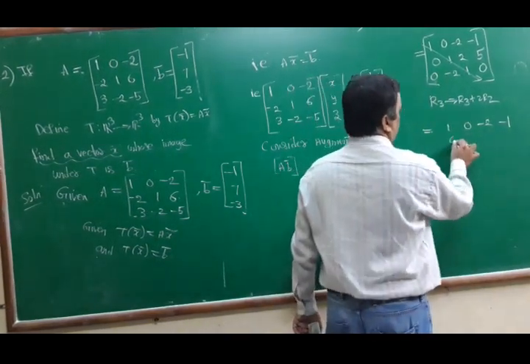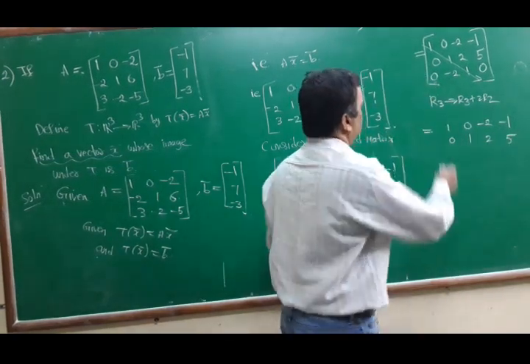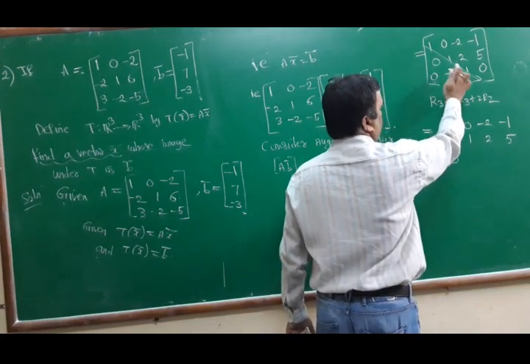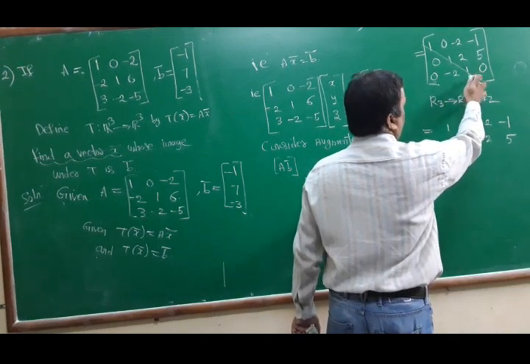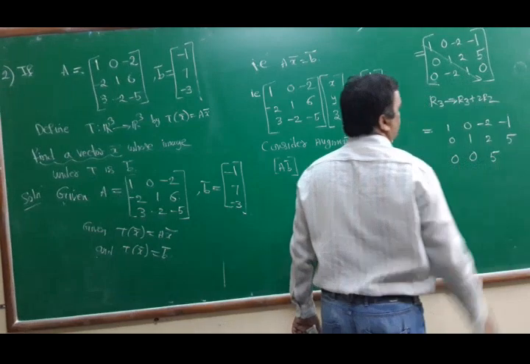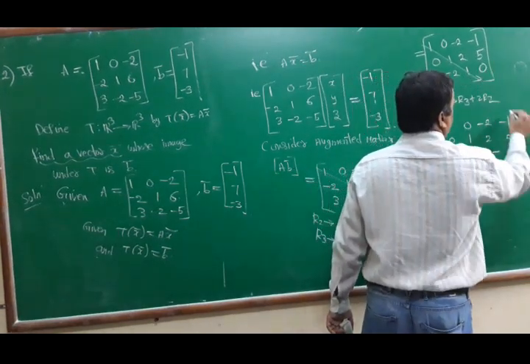Second row as it is: 0 1 2 5. Then 2 times R2: 2 times 0 is 0, 2 times 1 is 2, minus 2 plus 2 is 0, 1 plus 4 is 5, and 2 times 5 is 10.